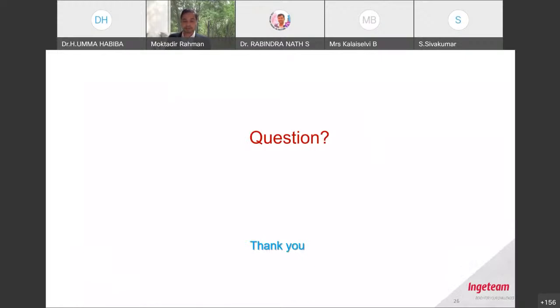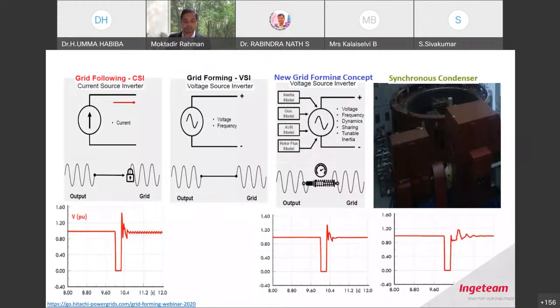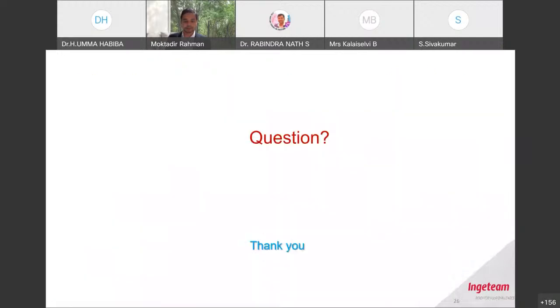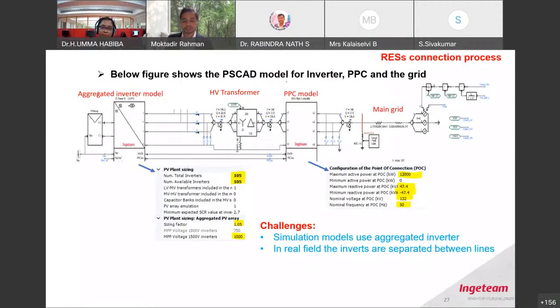So yeah, I think up to now my presentation has finished, and I just wanted to share something with you, which is at the end of the page. Basically, this is a typical simulation model before we commission the plant. So we do simulation studies.